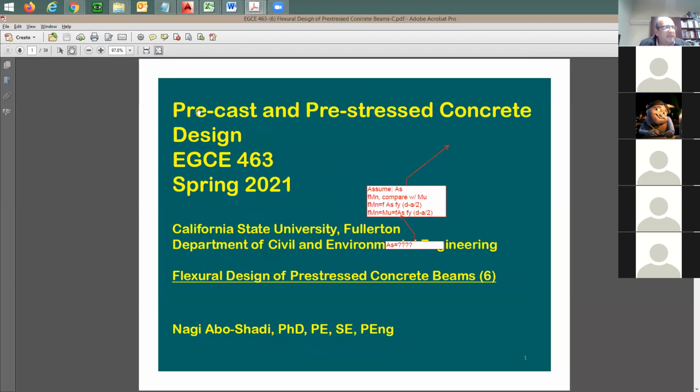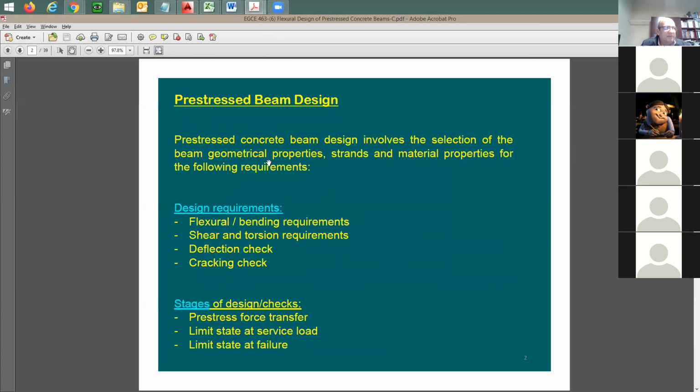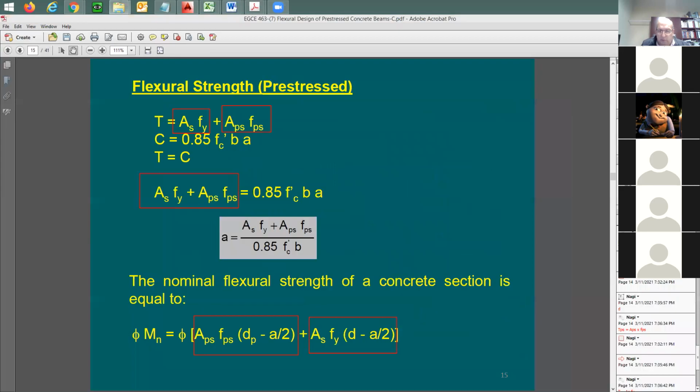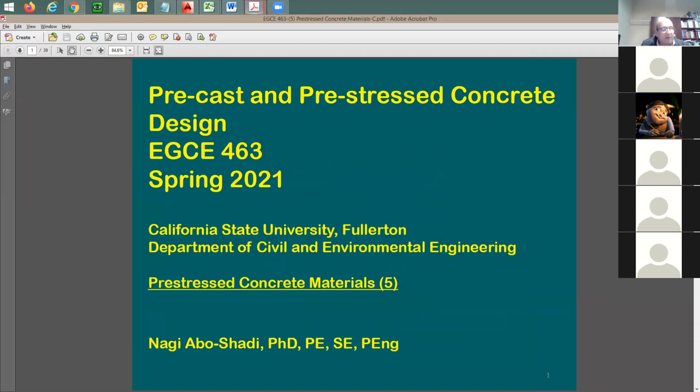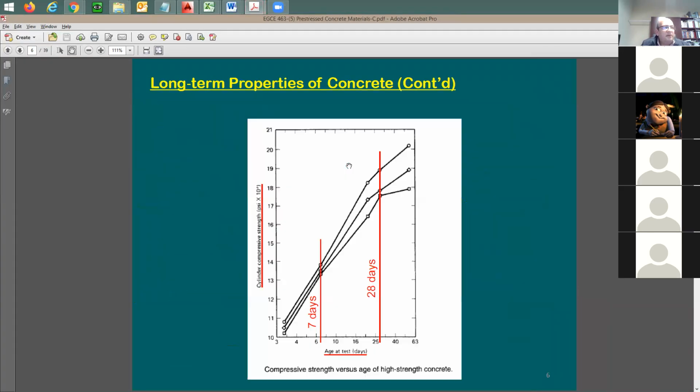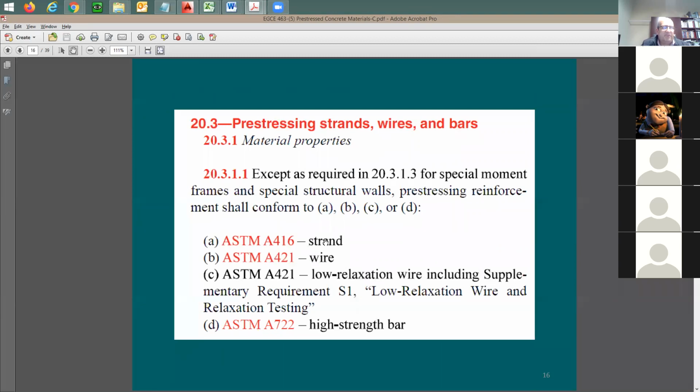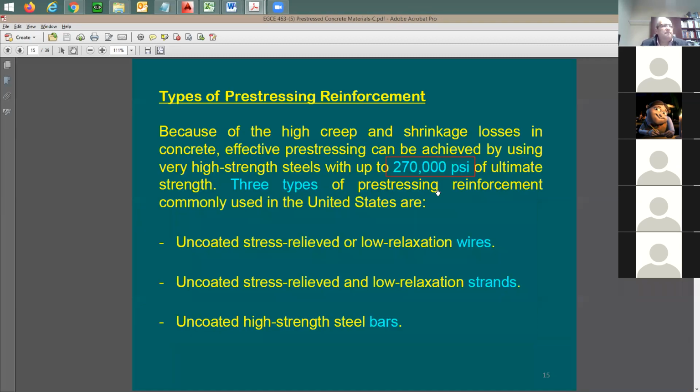We did this slide set last time, which is number 6. And we also talked in slide set number 5, in the material section, about this grade, the 416 strands. You remember the strands? Yes. Good.